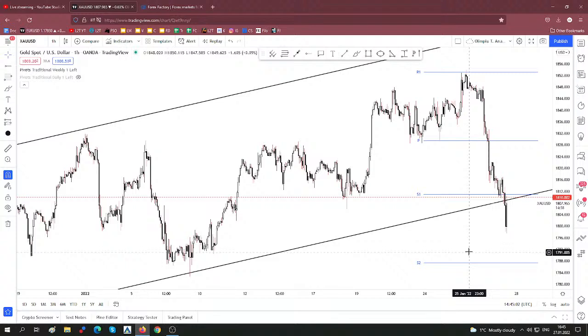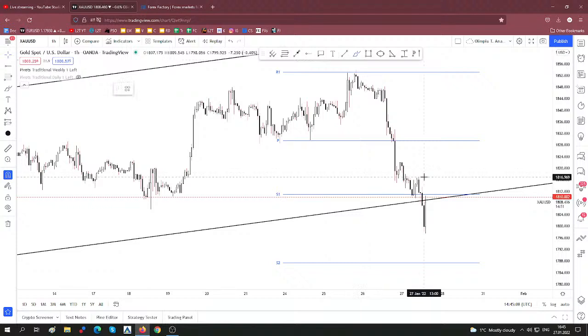Personally, I would have liked to see something like a false breakdown with great separation, something like a candle like this, a pin bar, maybe followed by a strong bullish candle, which would have signaled a new leg higher technically, or a bullish pattern, something like this.